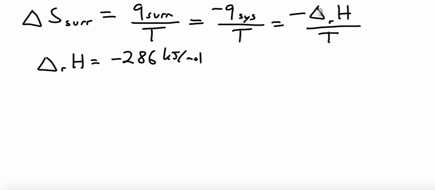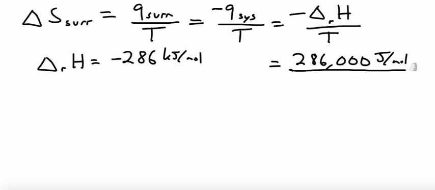So for the surroundings, we're going to change the sign on that. So for the surroundings, instead of it losing heat, it's gaining heat. And we're going to go ahead and convert that to joules from kilojoules. And we said we were running this at 25 degrees C, but of course we had better convert that to Kelvin.